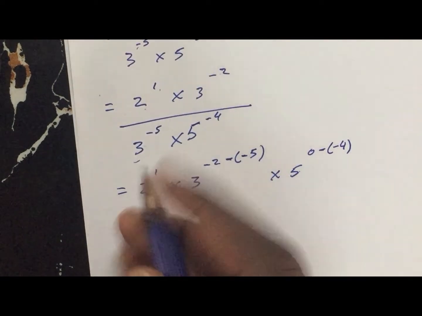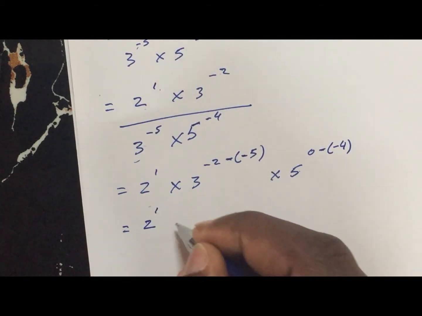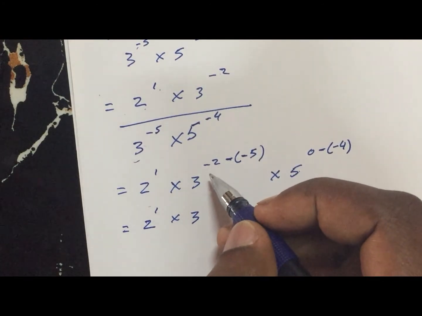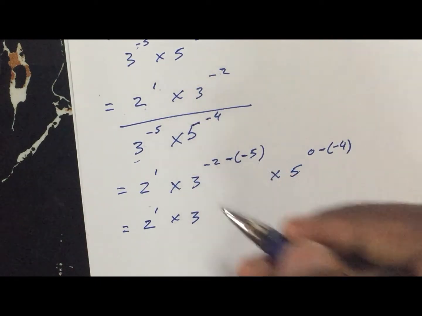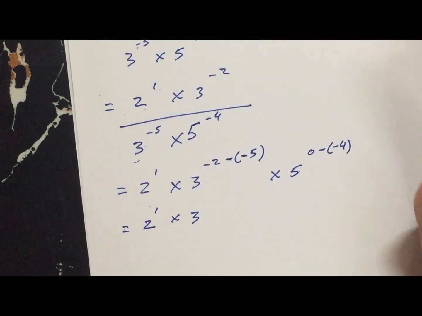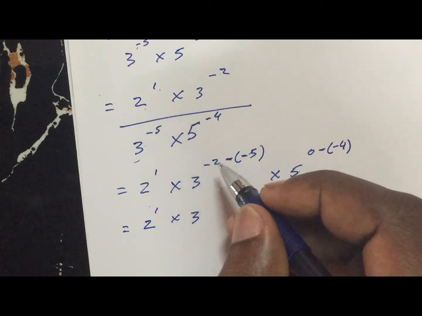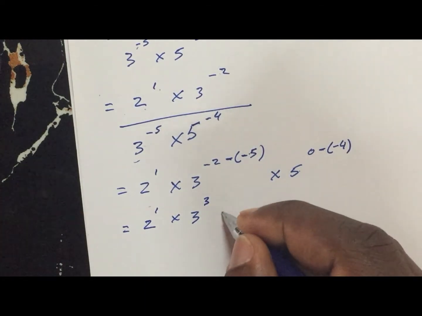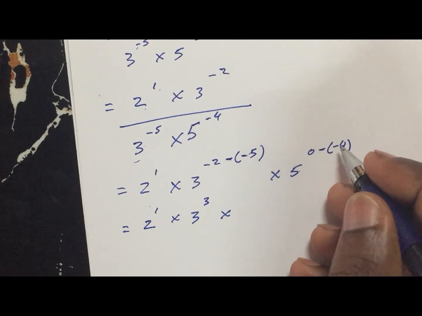Let's go simplifying further. Have 2 to the 1 times 3 to the negative 2 minus negative 5. Negative and negative is positive, so it would basically be negative 2 plus 5. That will give us positive 3, times 0 minus a negative 4.